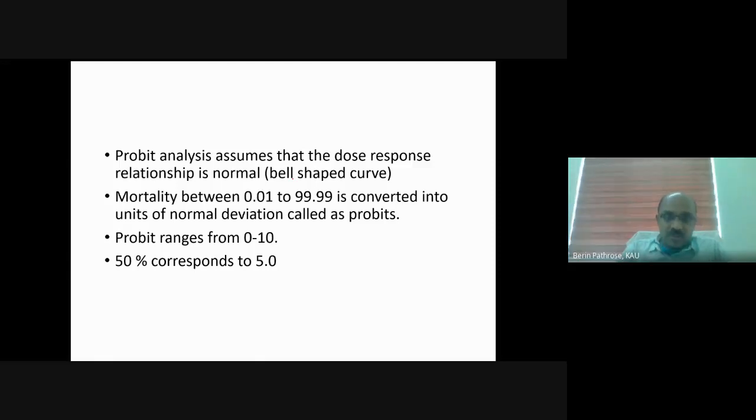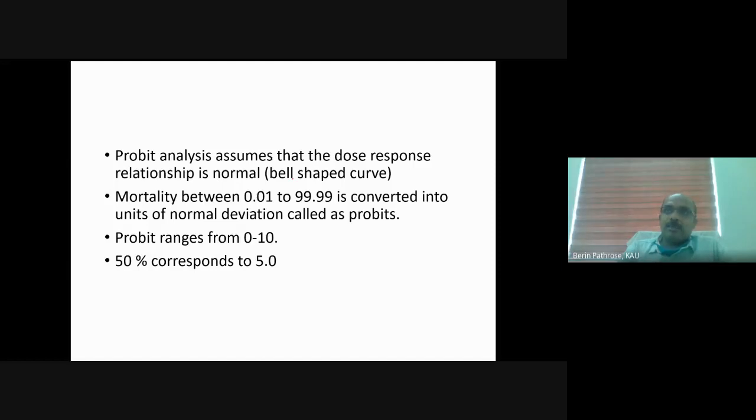So what we will do is convert the mortality between 0.01 and 99.99 into units of normal deviation called probits. Finney has given a table wherein we can convert the percent mortality data into probit. Whenever we are doing our practicals, I will show you how to transform it. We are not converting the raw mortality data.